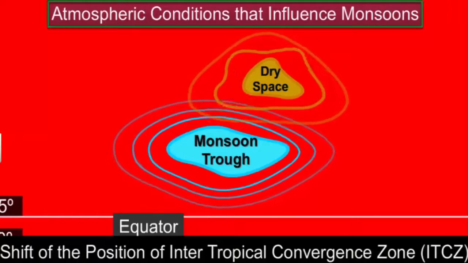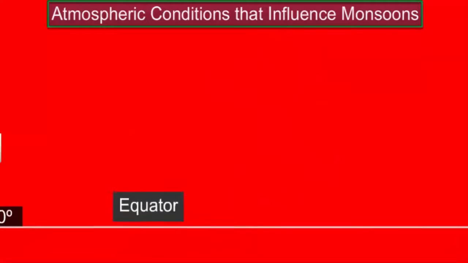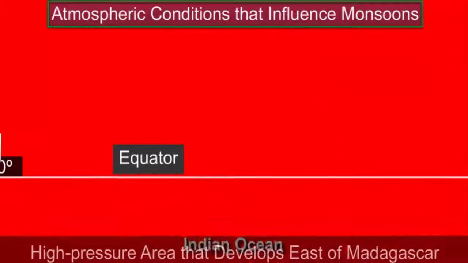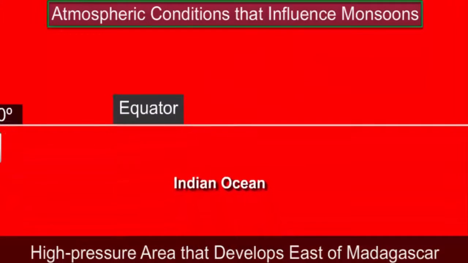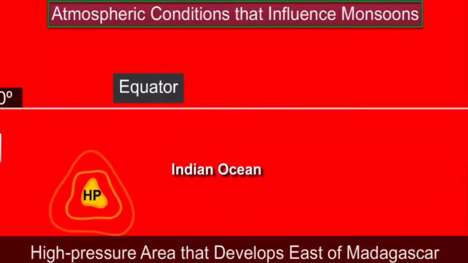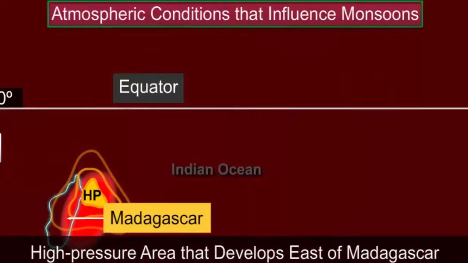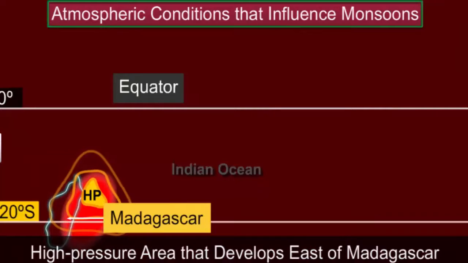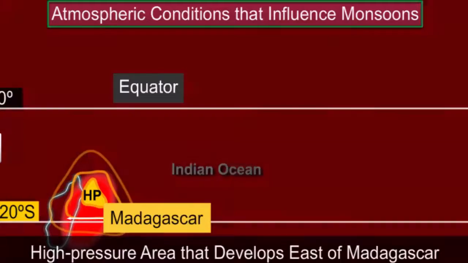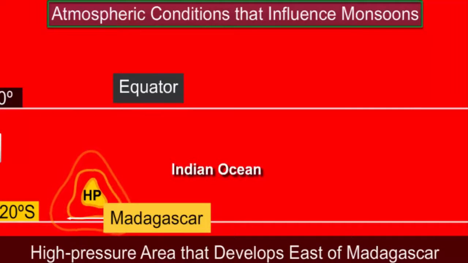The third condition is the presence of the high-pressure area that develops east of Madagascar. It is approximately at 20° south over the Indian Ocean.